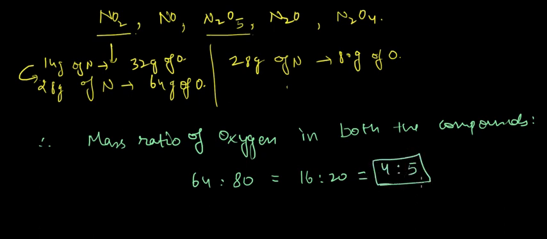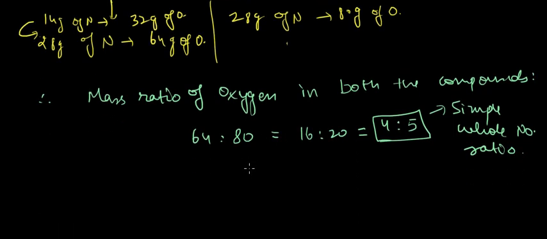Again, a simple whole number ratio. So the statement goes as: when two elements combine with each other to form two or more compounds, then the mass of one element which combines with a fixed mass of the other element bears a simple whole number ratio to one another. That's the statement.